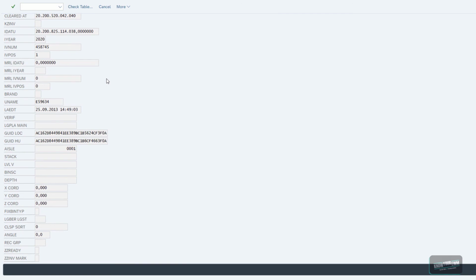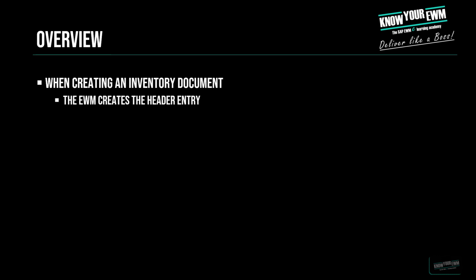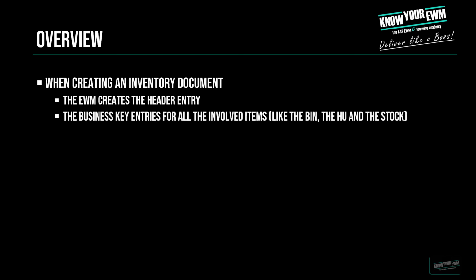But like we always do, let us do a short recap at the end to sum up the process. When creating an inventory document, the EWM creates the header entry and the business key entries for all the involved items, like the bin, the handling unit and the stock. And there is also an initial insert in the quantity table.